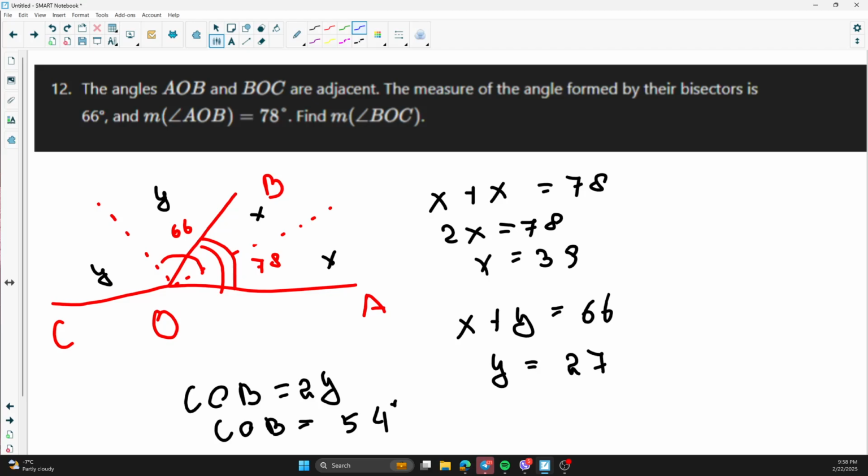Transversal? It passes through lines. It's one line that passes through two parallel lines. Okay. Perpendicular, what does it mean? It's 90 degrees. So when you say two lines are perpendicular, this means they are 90 degrees. Okay, something else. Now, what's an angle?